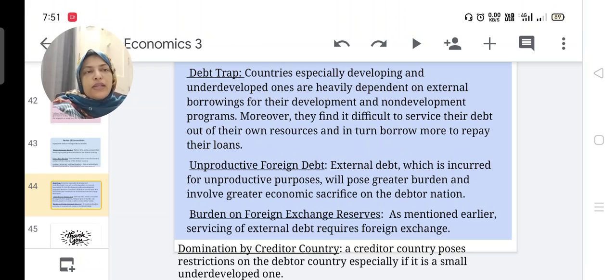Moreover, they find it difficult to service their debt out of their own resources and in turn borrow more to repay their loans. So countries, especially developing countries like India, are heavily dependent on external borrowing.